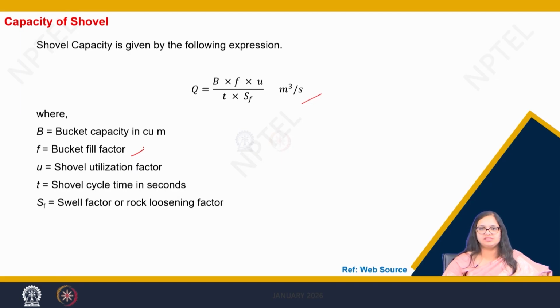As the grain size changes, the orientation changes, so they cannot be packed the way they were originally packed in its virgin or undisturbed state. So that factor we call a swell factor. So the volume of the material in its disturbed state by the volume of the material in its undisturbed state gives us the swell factor. Now this swell factor is always greater than 1.